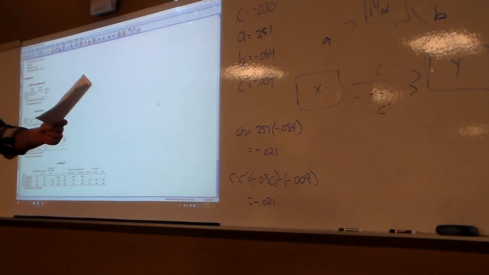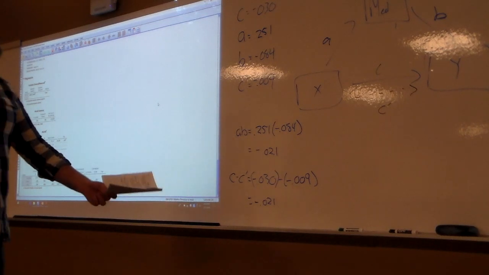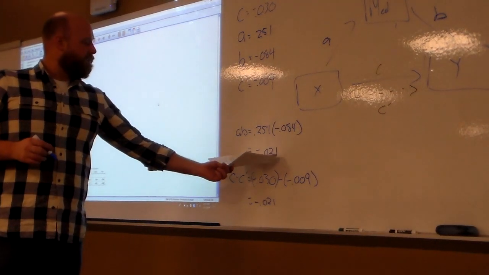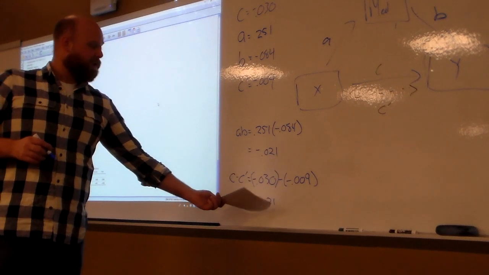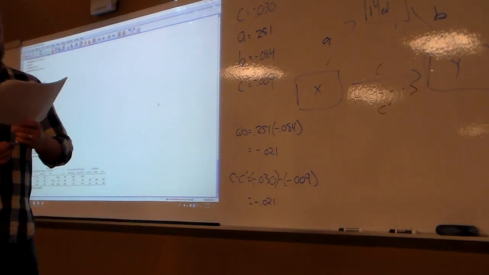But I just want to be conservative. I want to get a statistical test of AB or C minus C prime, however I want to think about it.